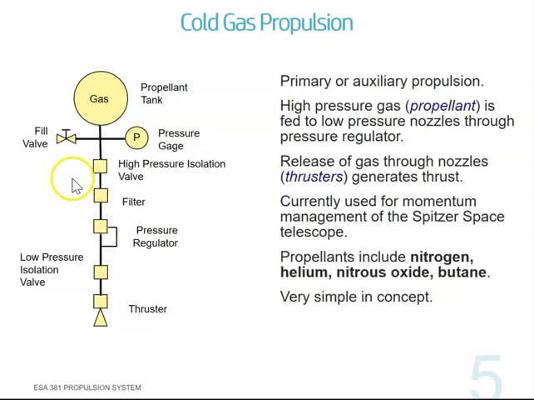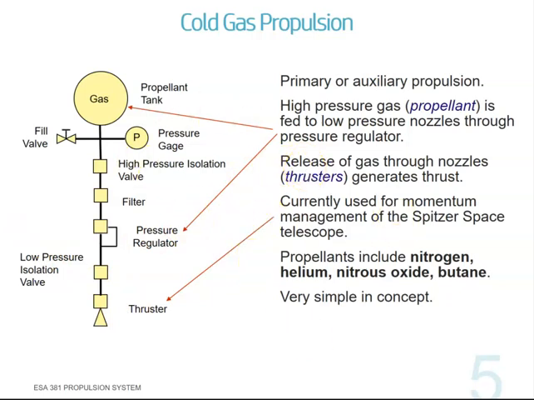If you see here how it works, it releases a gas through the nozzle. We have this propellant tank that contains gas, and it's released through the high pressure valve here, and when it's released, it's going to generate a thrust. So this is a very simple concept of a thruster.